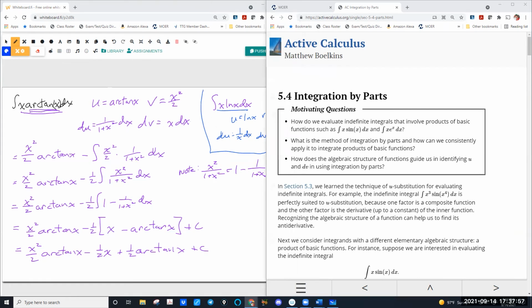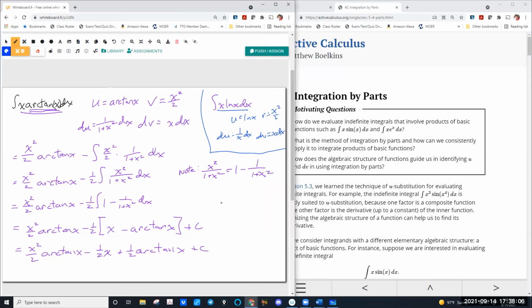How did you figure out that x squared over 1 plus x squared equals 1 minus 1 over 1 plus x squared? How did you get to that? Yeah, this part right here. Yes. This is done with what's called partial fraction decomposition. We're going to do that on Thursday.